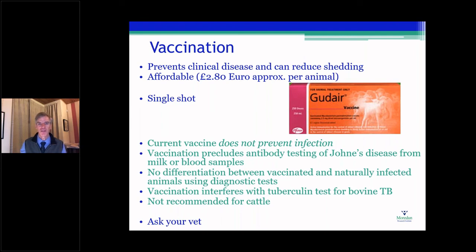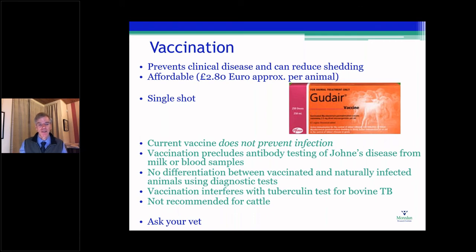So sheep can still be infected, but it just prevents the symptoms from coming up. And it can reduce, as I say, shedding. It's affordable and it's a single shot, so it doesn't need a prime boost like the new COVID vaccines that are coming online. It's a single shot, and that is for life.